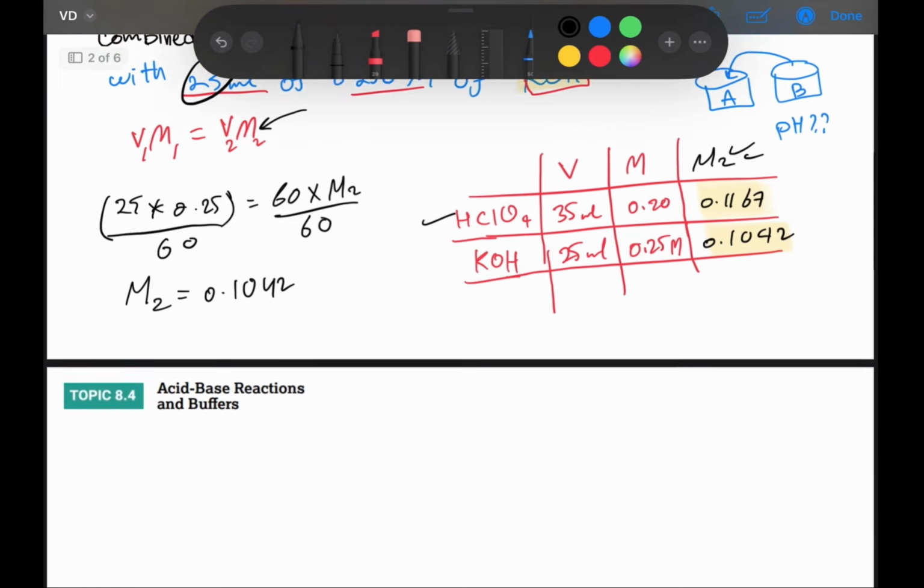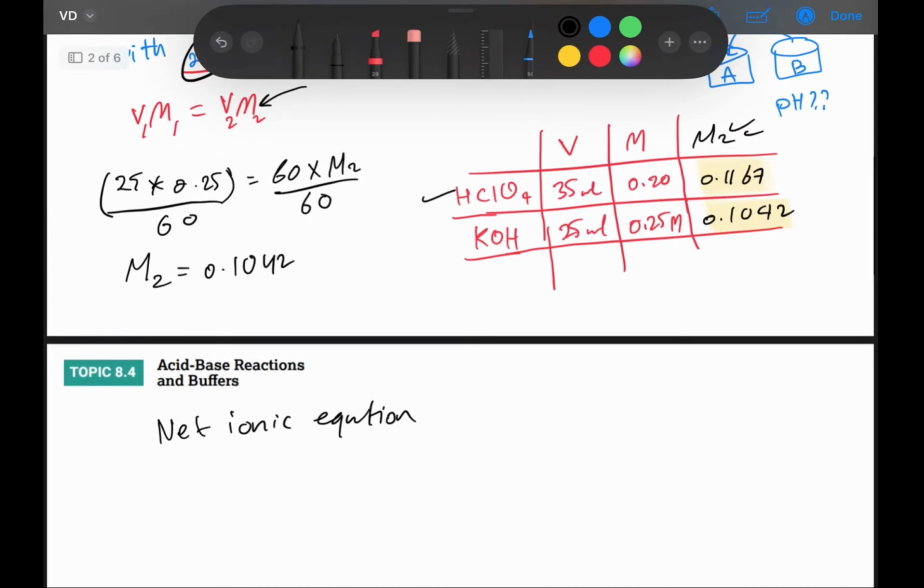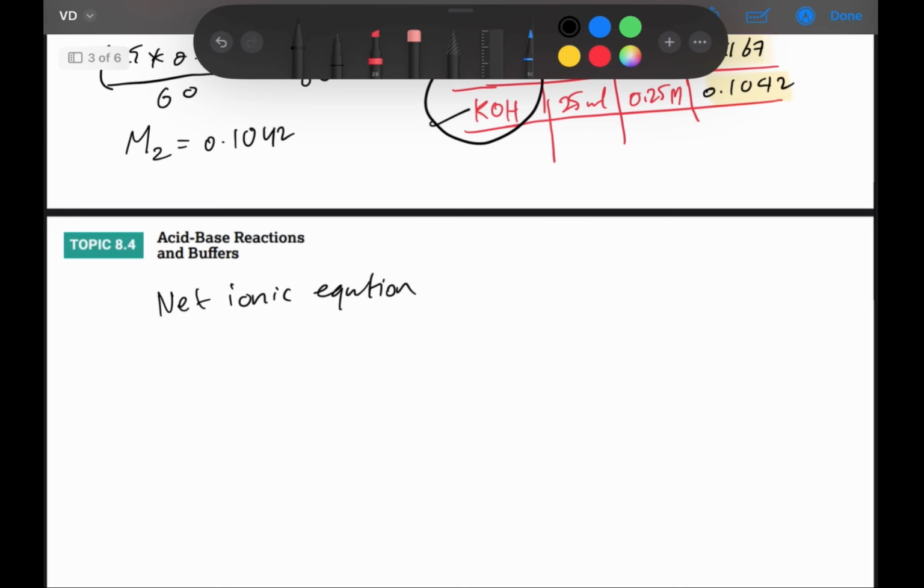The next step is writing the net ionic equation. Since we have a strong acid and a strong base, their net ionic equation is always H positive plus OH negative gives only water. Now, what is the concentration of acid?